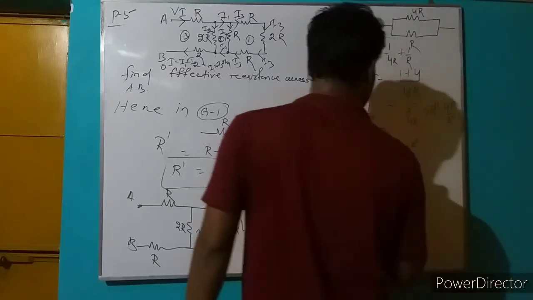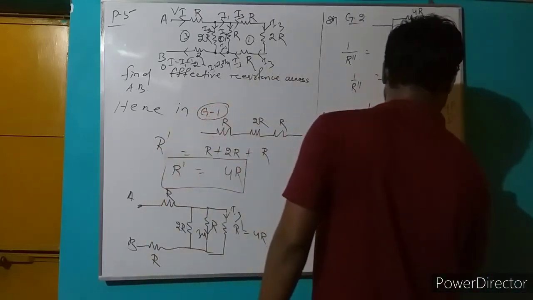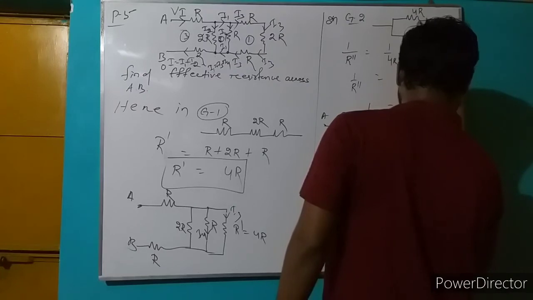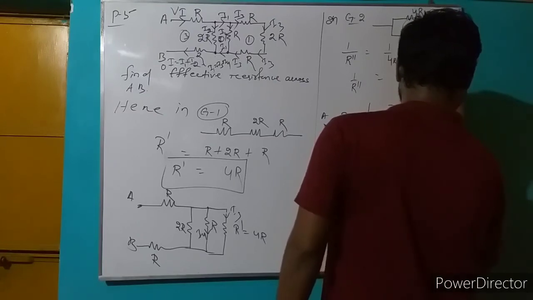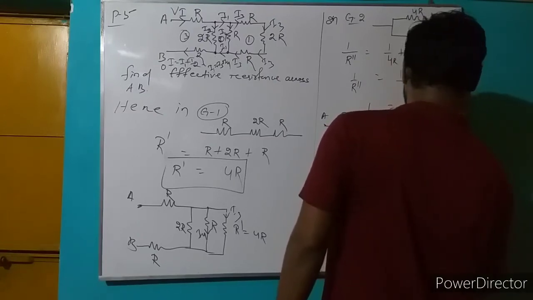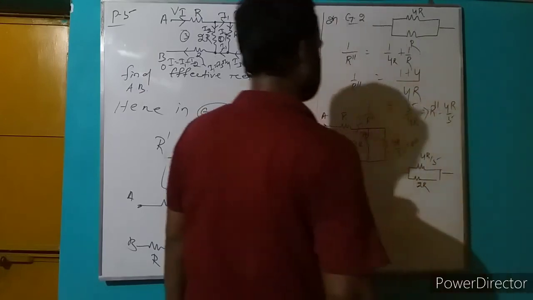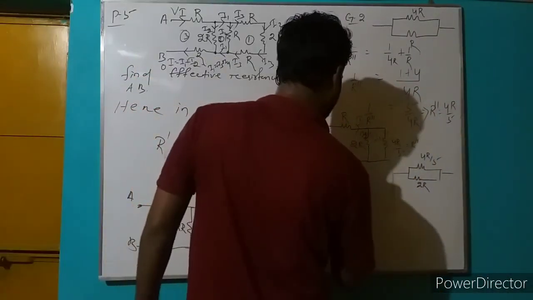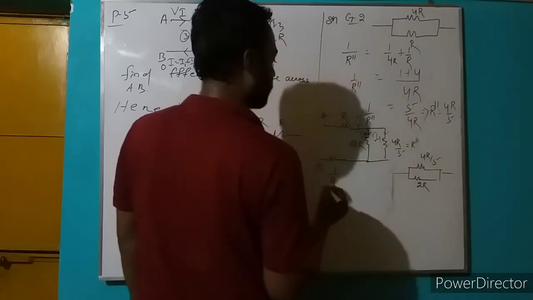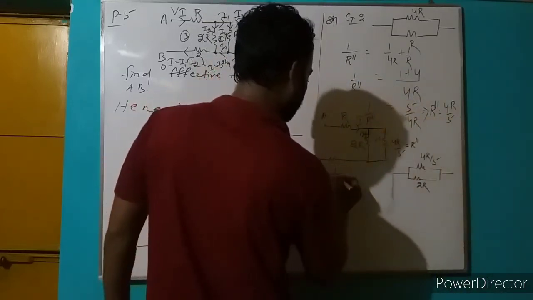If the current becomes divided, it behaves as a parallel connection. In parallel connection, this one is 4R by 5 and this one is 2R. This is R triple prime.